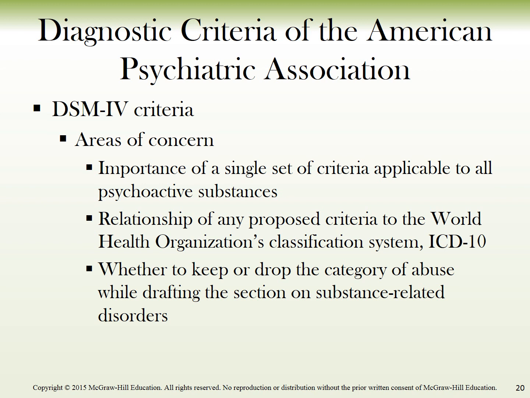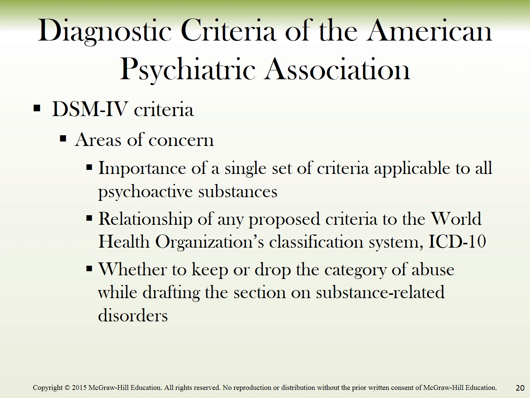So diagnosis was always based upon drug or drugs of choice, and you would diagnose separately. If a person was using alcohol and cocaine, they would be diagnosed first for the alcohol use, and they may meet the criteria for alcohol dependence. If they're abusing cocaine, they would also have a separate diagnosis of cocaine abuse. But the criteria were the same. It's just the drug of choice was the difference between making the diagnosis.